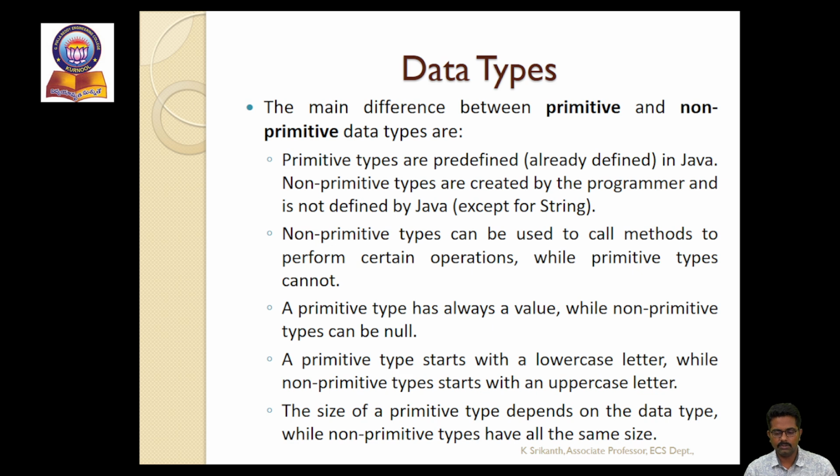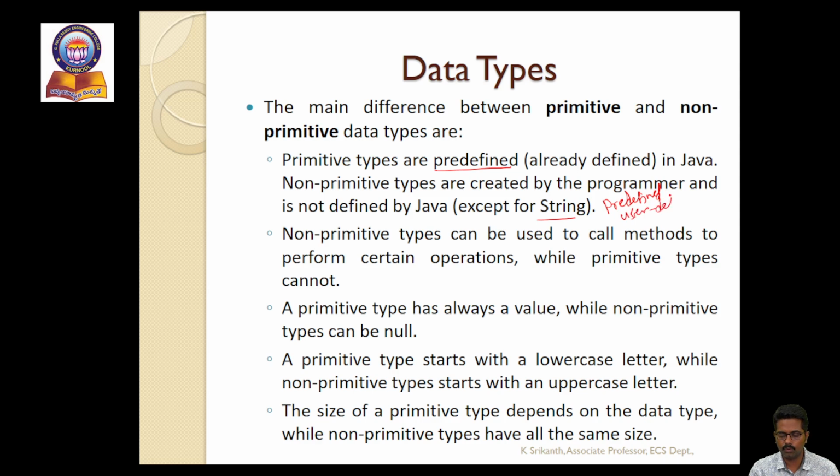So let us know the differences between primitive and non-primitive data types. Almost all primitive data types are predefined. When it comes to non-primitive data types, it can be of both types, predefined as well as user defined. And we have seen a predefined class called string.